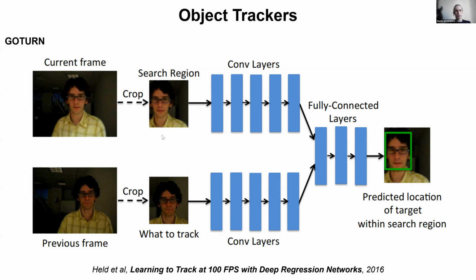The authors feed to the same network an extended crop of the target object, I mean, the crop is larger than the bounding box itself, from the previous frame and from the current frame. The crop center is from the previous frame, obviously. And the network predicts the crop coordinates on the current frame. It is simple and efficient.